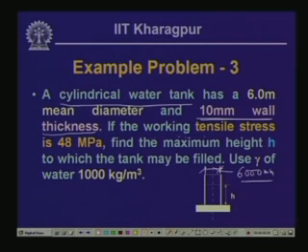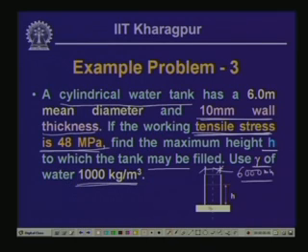Now, if the working tensile stress is 48 MPa, if the limiting stress on the vessel is 48 MPa, find the maximum height h to which the tank may be filled. Use gamma of water, unit weight of water, as 1000 kg per meter cube.